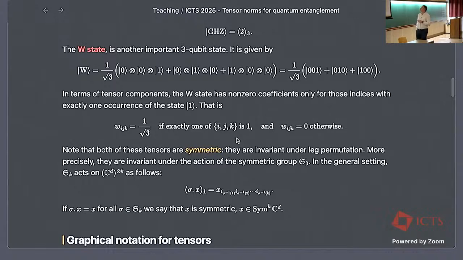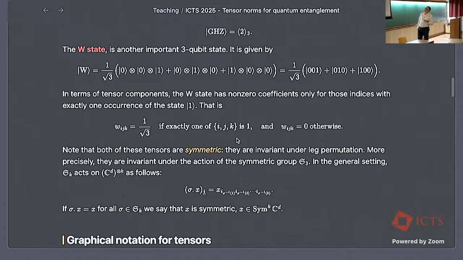So in other words, if I have a tensor in (C^d) tensor k, then I have this action of the symmetric group, which just permutes my indices. Sigma is a permutation on k elements, so it permutes the k indices here. And if this tensor is invariant, so under any permutation it doesn't change, then we say it's symmetric, and it lives in the k-th symmetric tensor power of C^d.